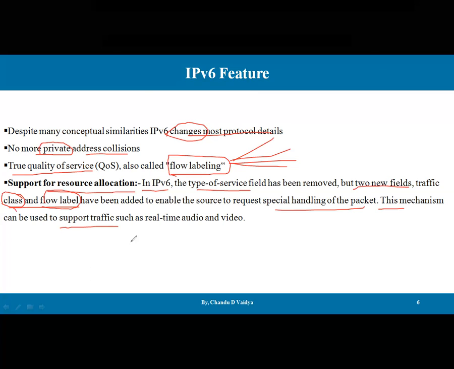These two things are required for real-time data or multimedia. So this is a very good sign in IPv6 as a resource allocation: for the traffic class the priority is maintained, and with labeling, fast routing can be done.